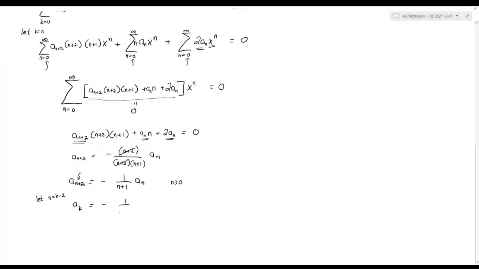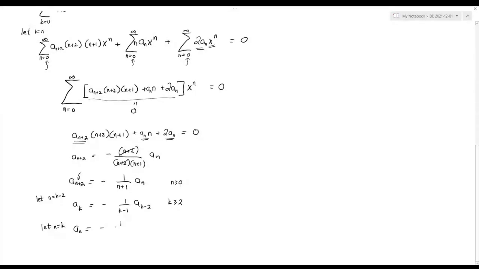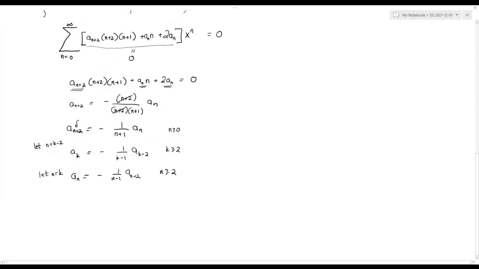The reason I'm doing this is it's easier for me to look at. I'm trying to solve this recurrence if at all possible. And this is good for all k's greater than 2. And again, I typically don't rename the variable, so I'm just going to let k be n again. Beautiful. So our job then is to solve this recurrence relation if possible.